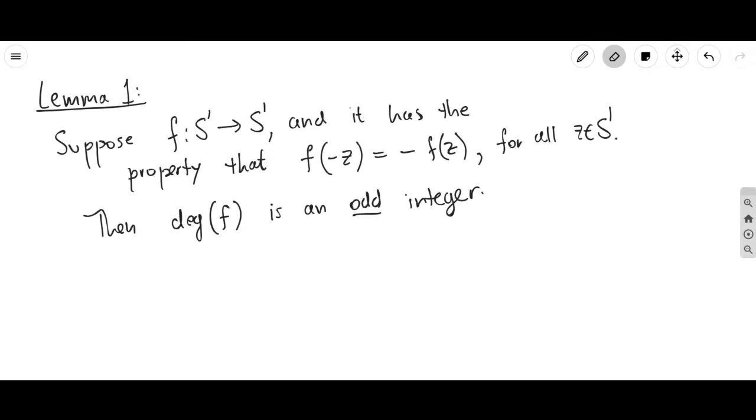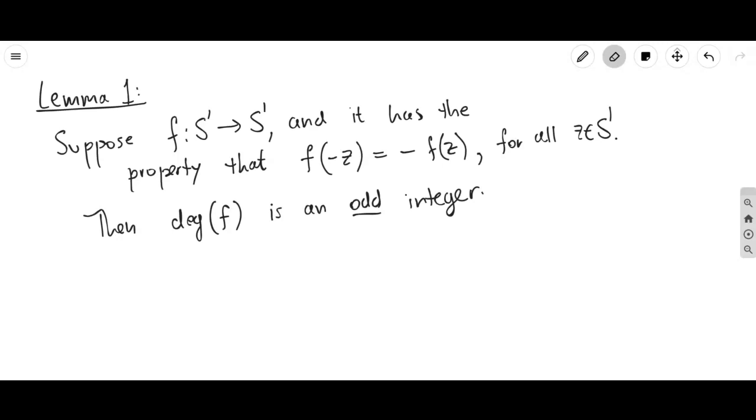So the fact that we have such a lemma is not really surprising. This is almost saying that f is like, in the simple case, if f maps z to a power of z, then the exponent has to be an odd integer. But of course, this is a general mapping. You do not really know anything about how it looks. So that's the first lemma.